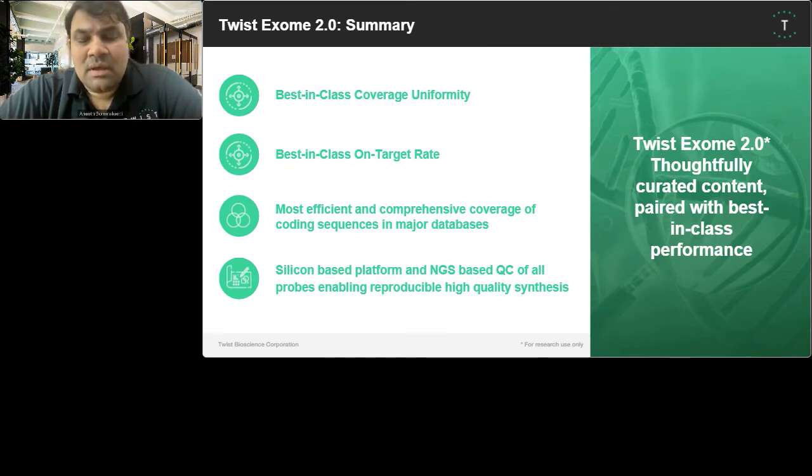And then when this product is combined with our silicon-based platform and the NGS QC that you have in place, it just makes a gold standard product that will give you really high quality data. And every time that you use it, you can get this high quality data and answer your research questions with confidence.